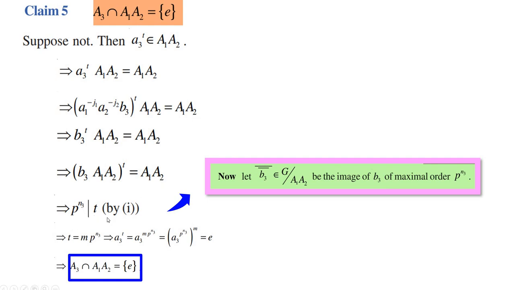So p power n3 should divide t, so this in turn gives t to be a multiple of p power n3, and therefore a3 raised to t is a3 power m into p power n3. So we have this step, and a3 power p power n3 being e raised to m, we have just e. So you considered a3 power t to be a member of this, and that happens to be e. So the intersection of these two is just a singleton E.